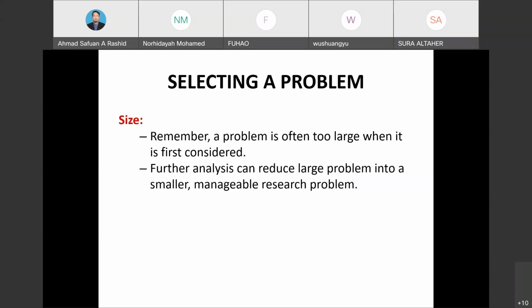Size, remember problem is often too large. At the early stage, you are very keen to do a lot of testing. You are very ambitious to solve all the problems.